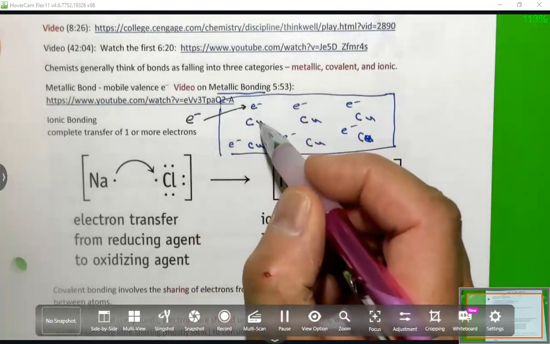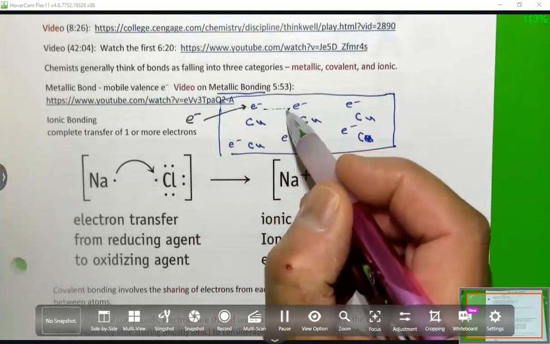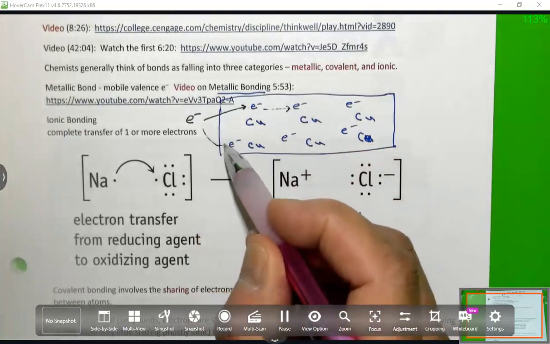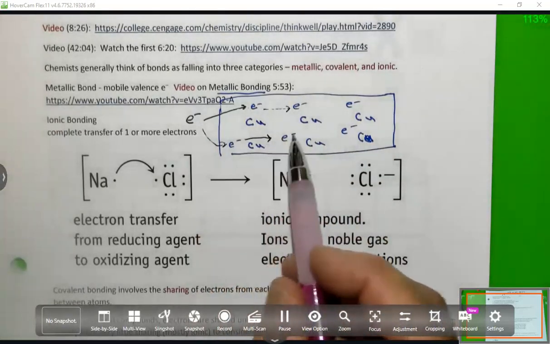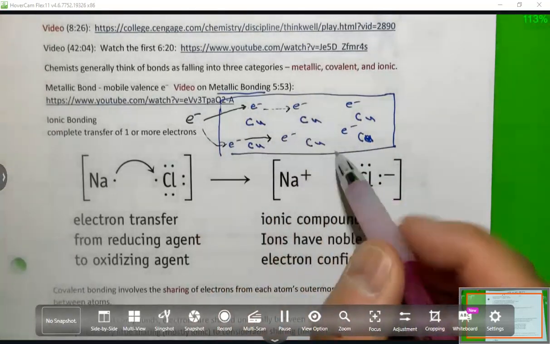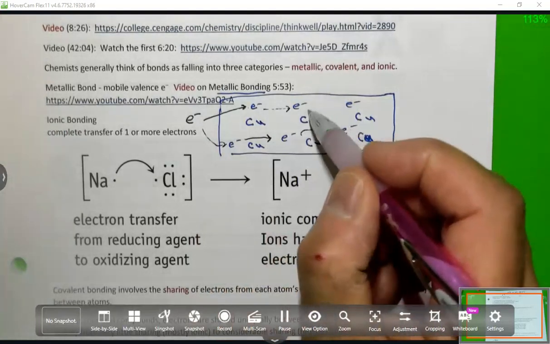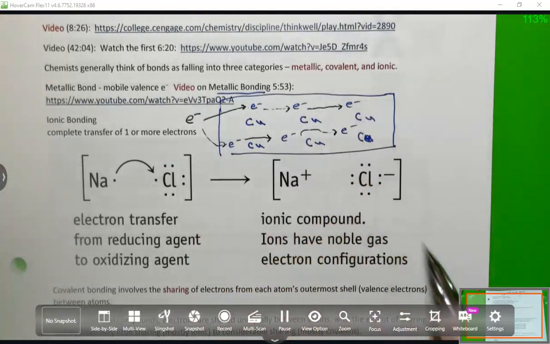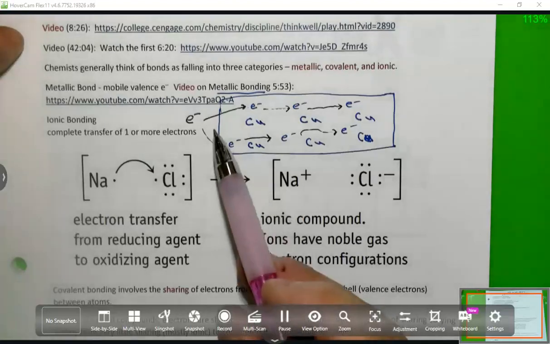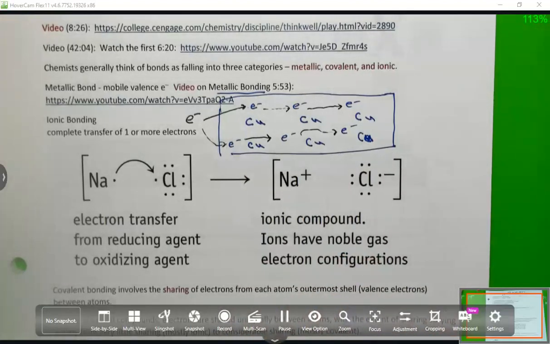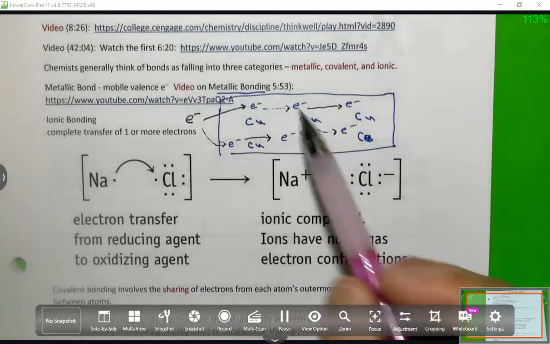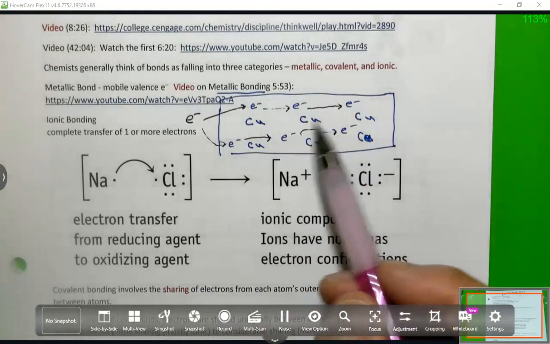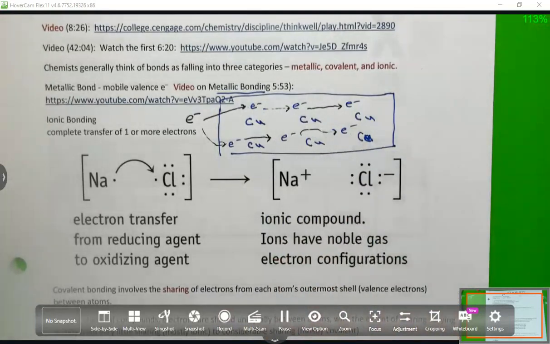Well, this electron doesn't care what copper it's around. It can go to that one. I can push an electron here. That electron doesn't care which copper atom it's around. And you could see that we could get just like a flow of water, we can get a flow of electrons. And since that electron doesn't care what copper it's around, and these are called delocalized electrons, by the way.